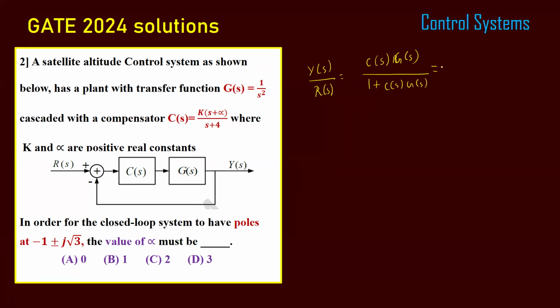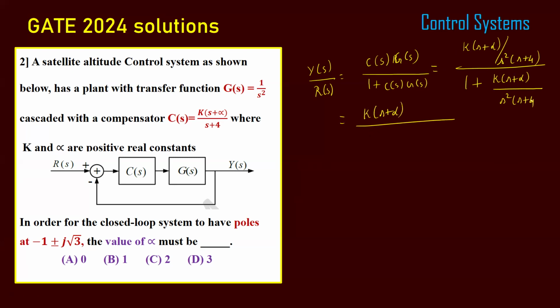Now substituting the values of C(s) and G(s), it becomes K(s plus alpha) by s square (s plus 4), divided by 1 plus K(s plus alpha) by s square (s plus 4). Simplifying, K(s plus alpha) by s square (s plus 4) plus K(s plus alpha).